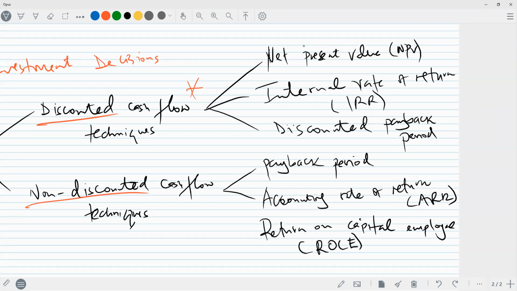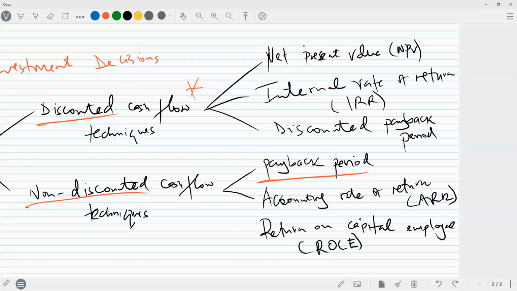in a project. If I was to just appreciate the payback period, it is simply how long do you take as a company to get back your initial investment. You did invest in a machine costing 10 million. How long do you take to get that 10 million back from the cash flow generated from the investment? So you invested 10 million in a project, in a plant, in a building.